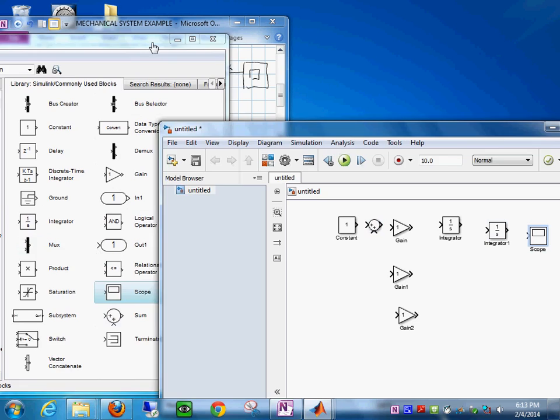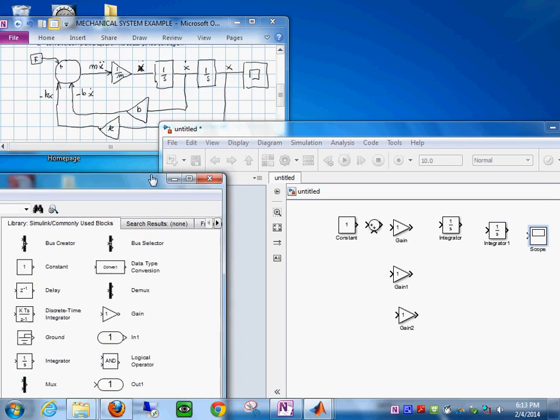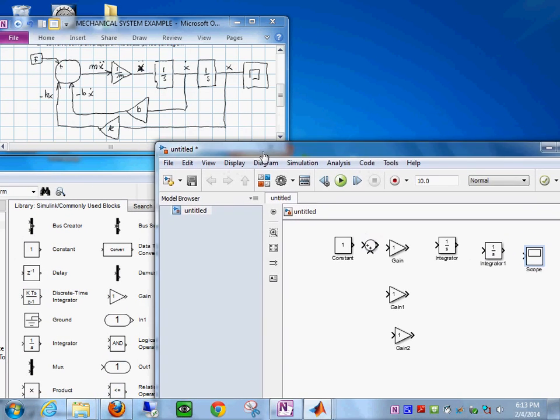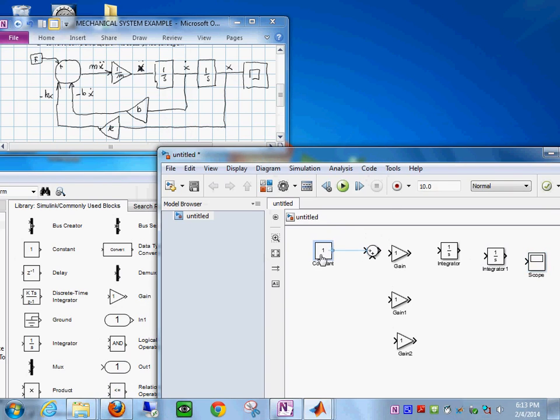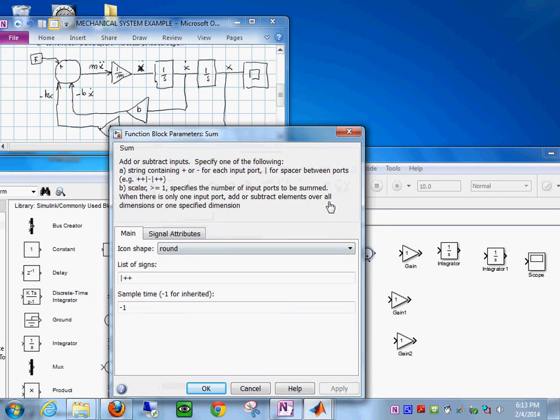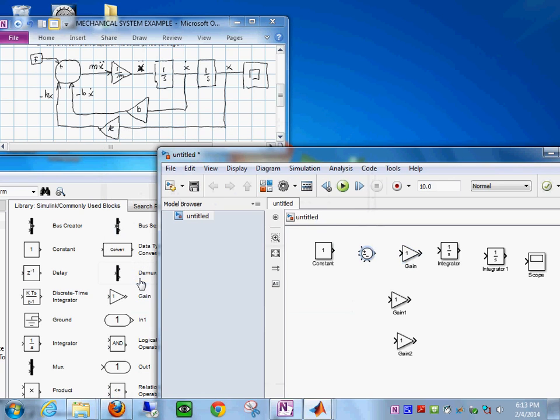This is basically what we have on the top right here. And so you have this summation point. The only thing about the summation point is that we have one plus, but then we have two negatives.